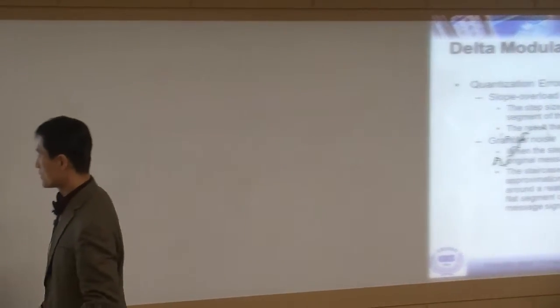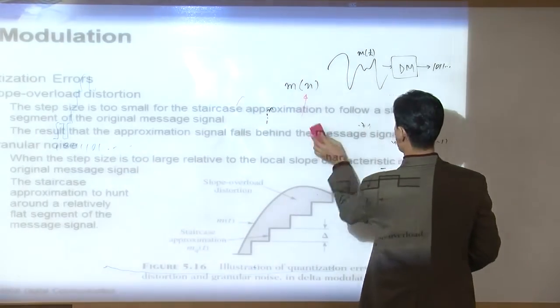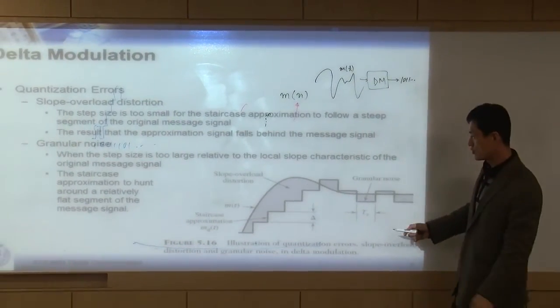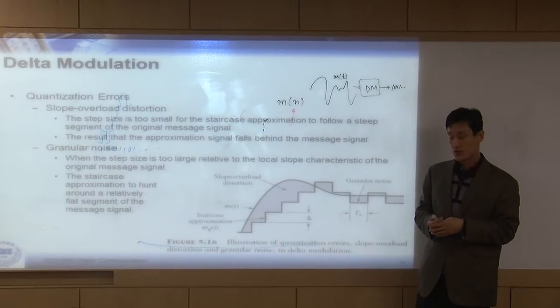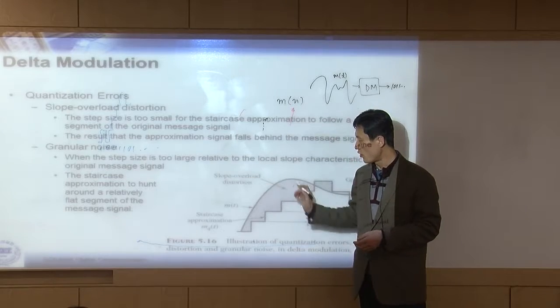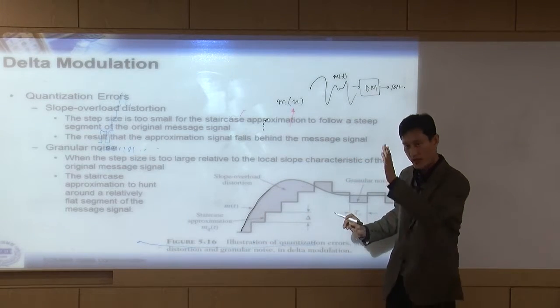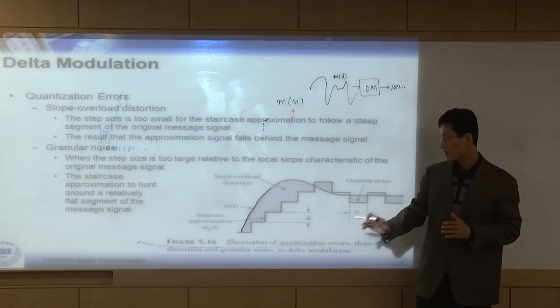We need to think about these kinds of conditions when you do delta modulation. Sometimes you see two different distortions. One is slope overload. Your slope is too fast, too steep.